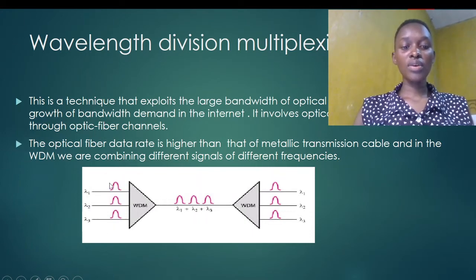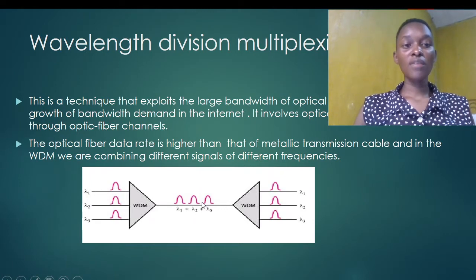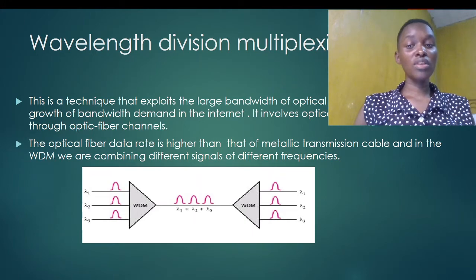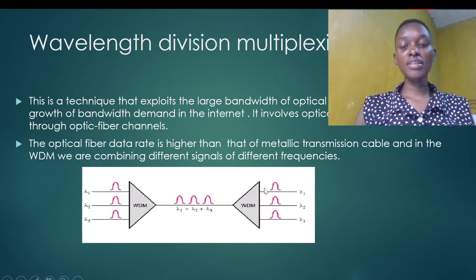Here we can see that we have our input lines carrying different signals of different frequencies that are multiplexed and then transmitted over our optical fiber channels, because we know that wavelength division multiplexing involves optical fibers, and then they are demultiplexed into the respective different signals with their different frequencies.